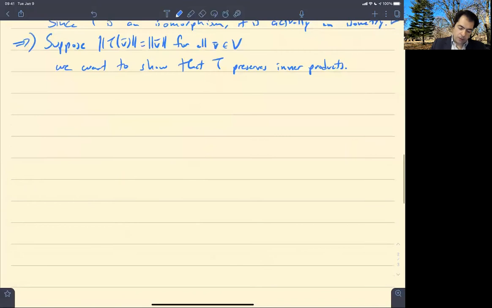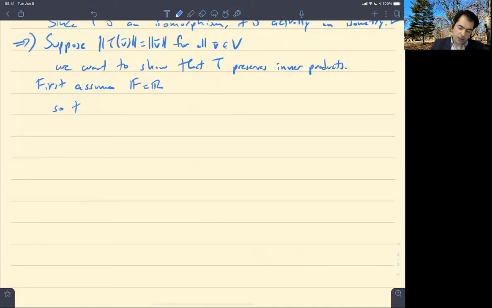Okay, well, as we talked about last time, if you have a length that comes from an inner product, then you can recover the inner product from the length. So this is different cosmetically if you're working with the real numbers or the complex numbers. So let's say that we're working with the real numbers.